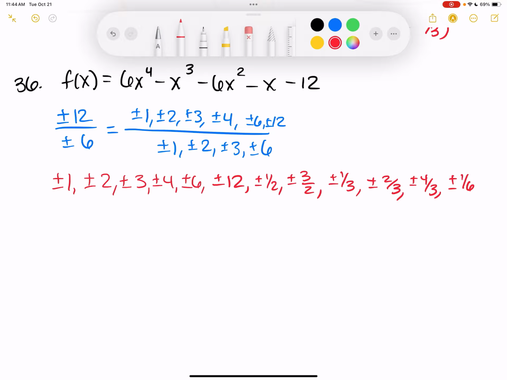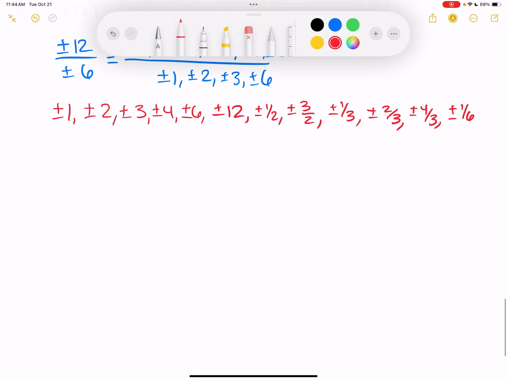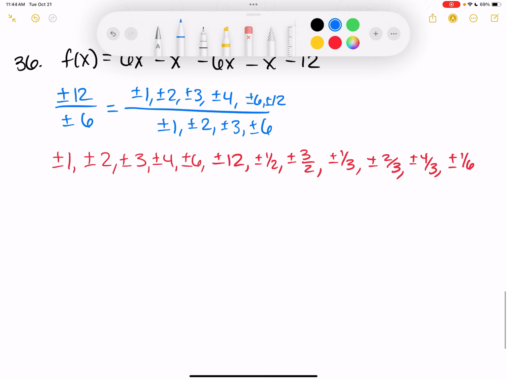All right, are there any values that look to you like they could work? My calculator's still loading it. 3 halves. Mine's just Negative loading. 4/3. 3 halves, negative 4/3. All right, so let's check those and see.